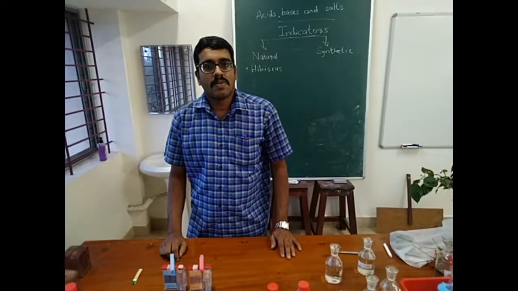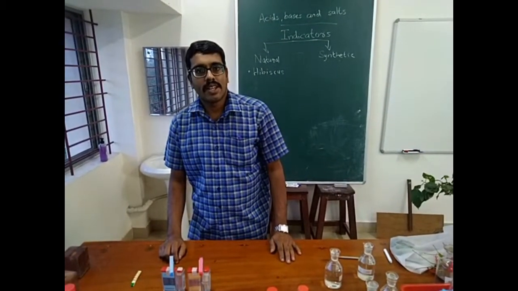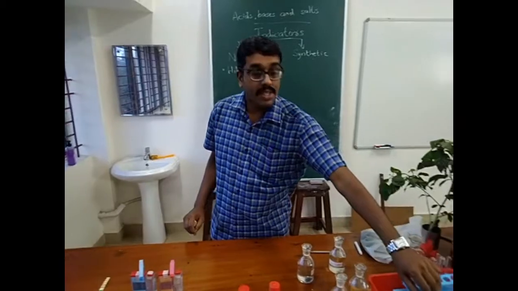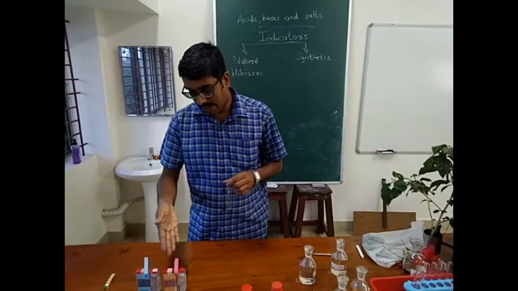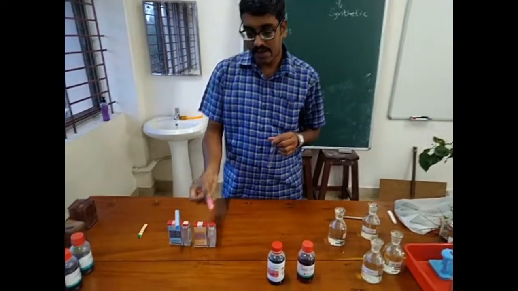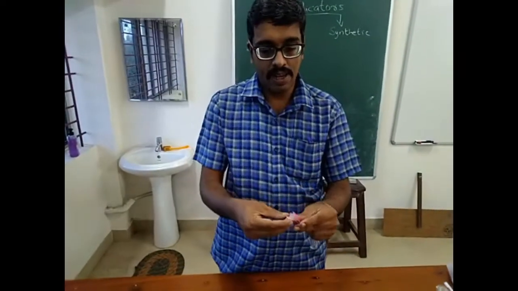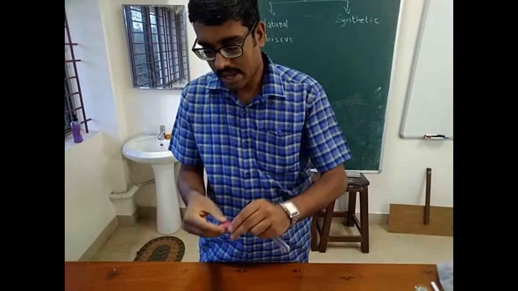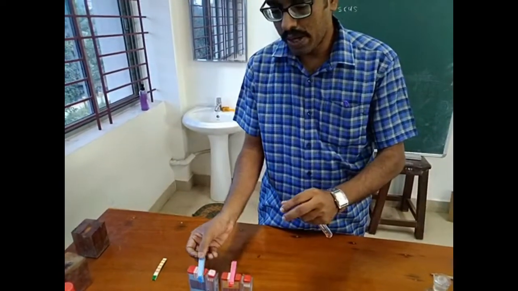Now we are going to test acids and bases with litmus paper. You can see here I am having two types of litmus paper. One is red litmus paper, you can see it is red colored, and the other one is blue litmus paper.